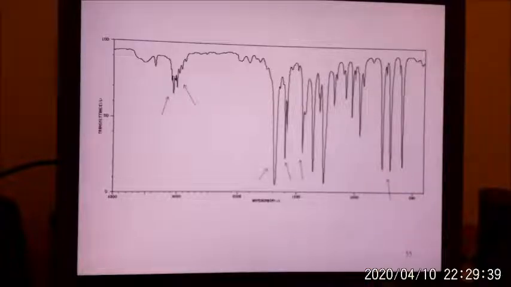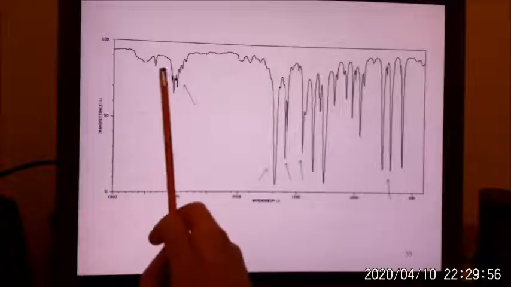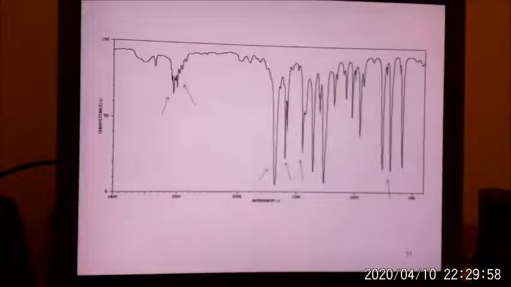If you take a look at that chart I gave you, you have very strong absorbances in the fingerprint region in this area for aromatics, out of plane bending. Also, I have a lot of carbon double bonded carbon stretches, and I have my CH stretches. So right now I'm thinking I have a ketone.